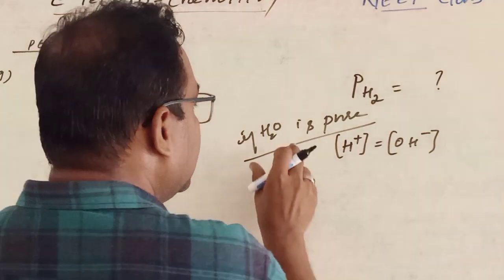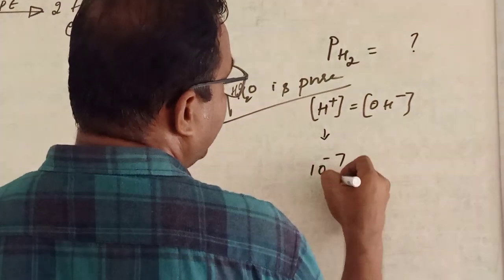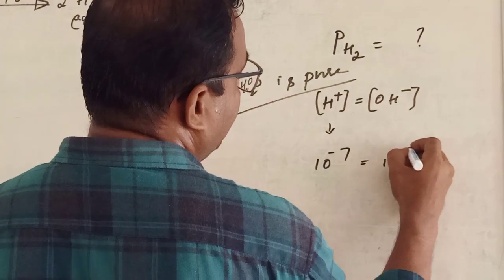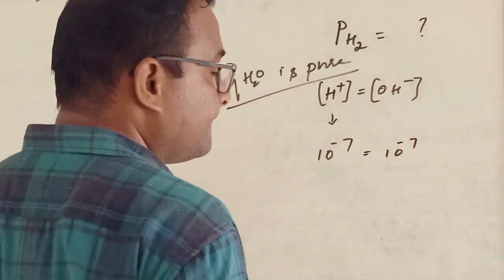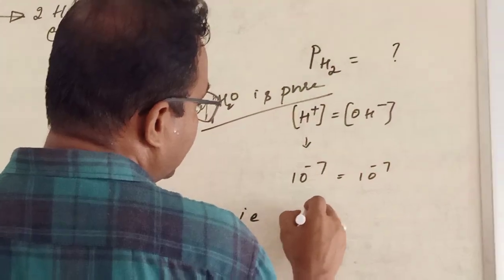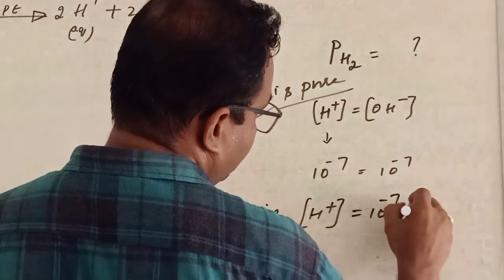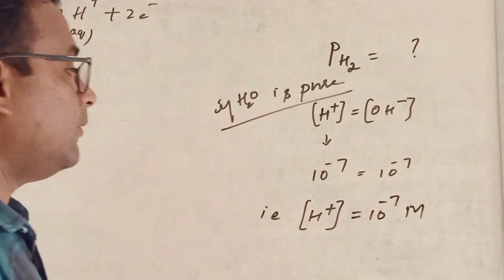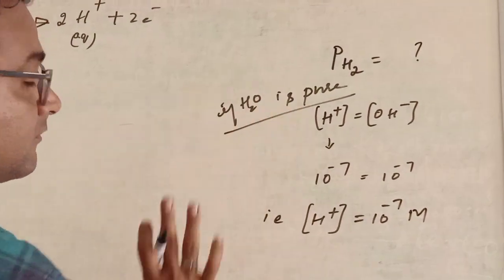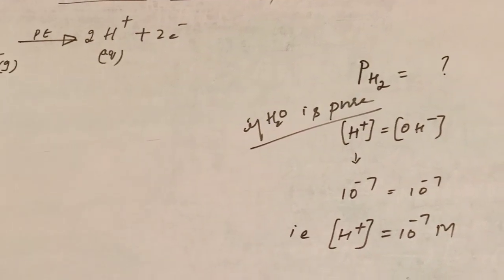That means in a pure condition the values are 10 power minus 7, and this is also 10 power minus 7. So the molar concentration of hydrogen ion is 10 power minus 7 molar. If water is pure, we can get this value.